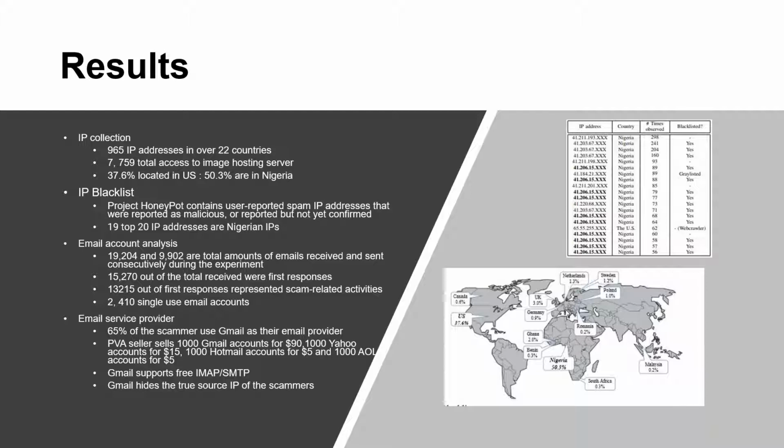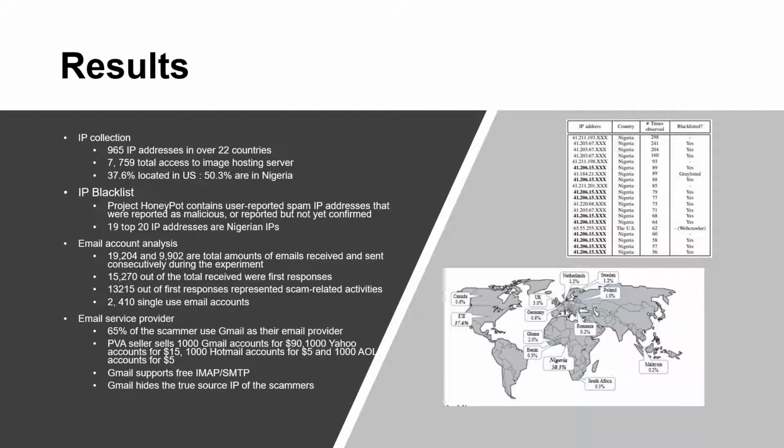Using all the IP addresses collected, the team cross-checked the IP addresses with a publicly available blacklist called Project Honeypot. Project Honeypot contains user-reported spam IP addresses and scam generators which were reported to be malicious, as well as gray-listed IPs that have been detected but not yet confirmed to be malicious. 40% of the IP addresses the team collected were blacklisted by Project Honeypot. 14% of the IP addresses were gray-listed, and nearly 2% were confirmed to belong to a web crawler, such as MSN search engines.